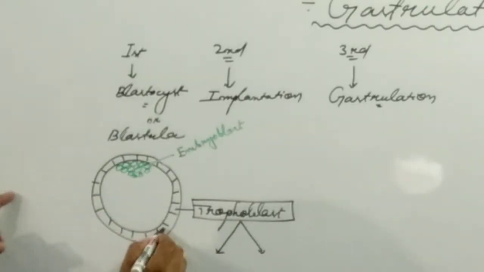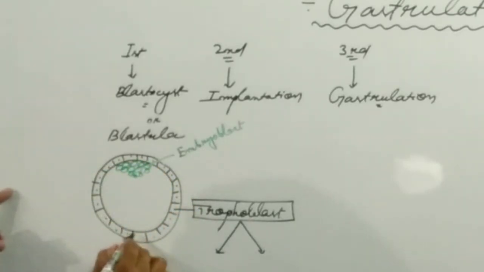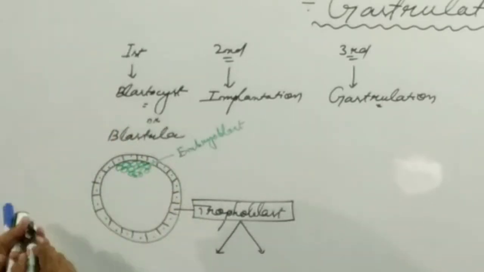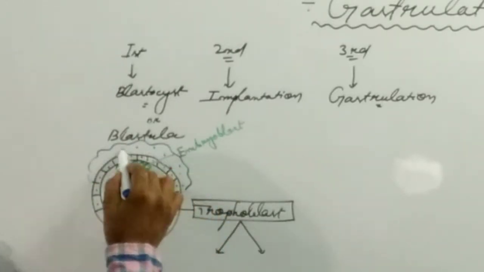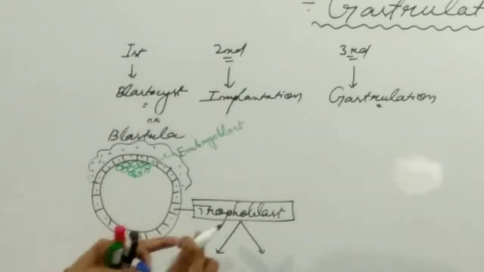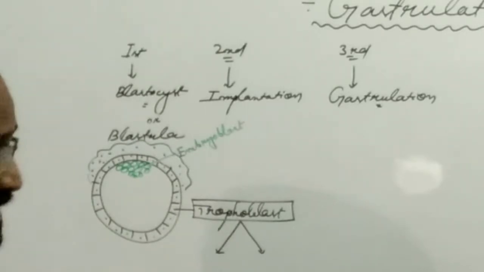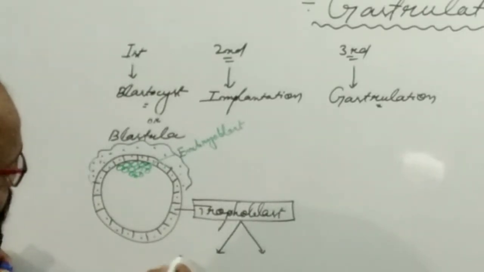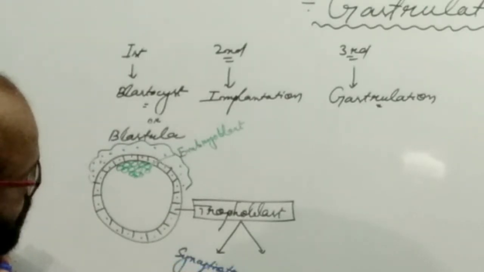Gradually, the trophoblast divides and forms two types of cells. The cells generated by the division of the trophoblast on the outer side are multinucleated, and these are known as the syncytial trophoblast cells.